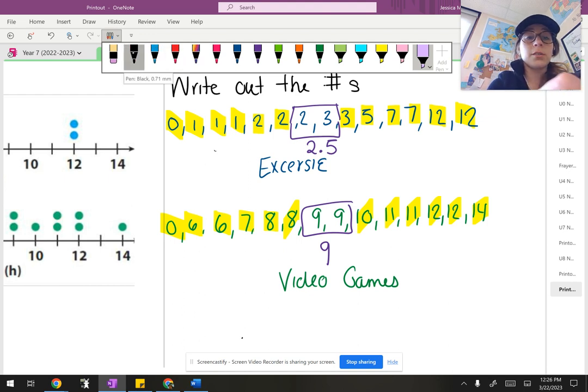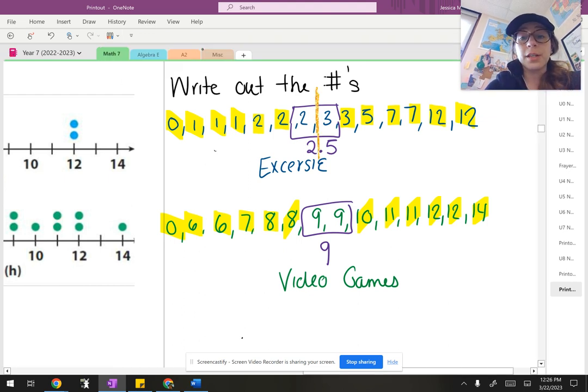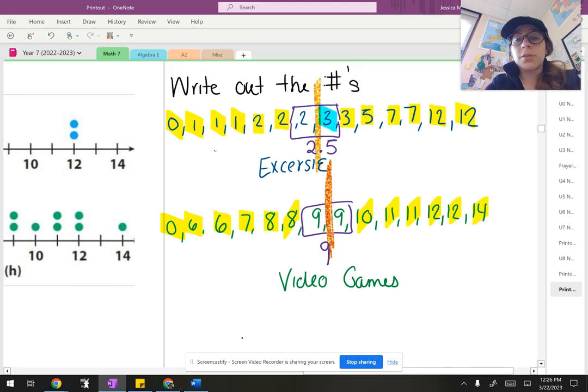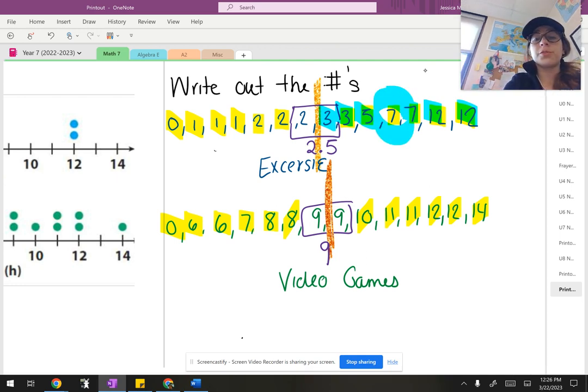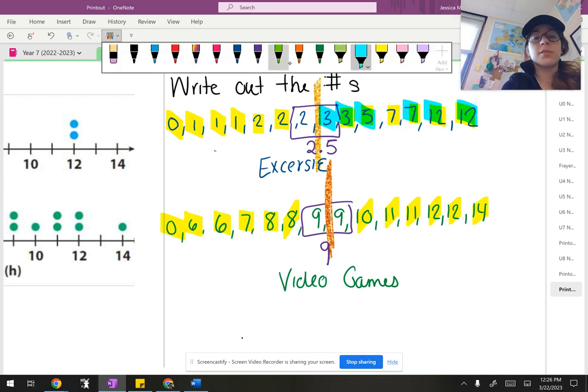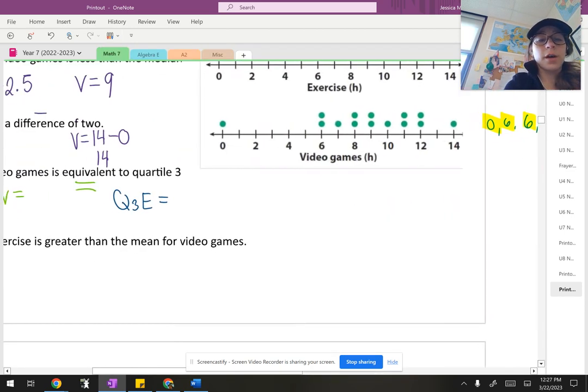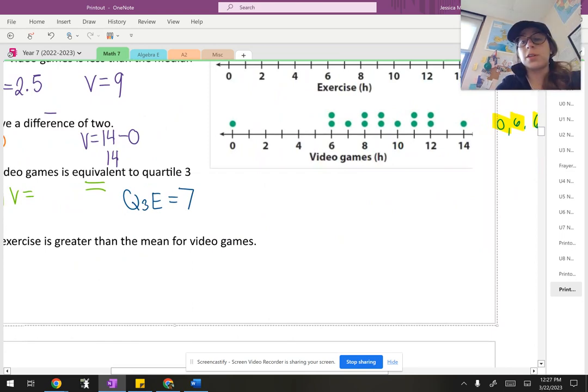So my middle got split in half right in between the 2 and the 3, right? That's where my 2.5 was. Split these ones while I'm at it. All right, so 3, 12, 3, 12, 5. Boom. We have a Q3 of 7. So Q3, 7.